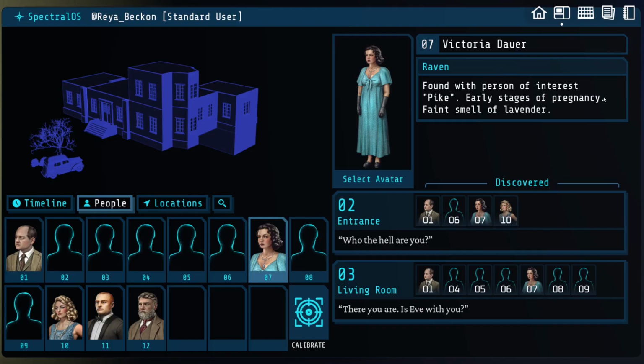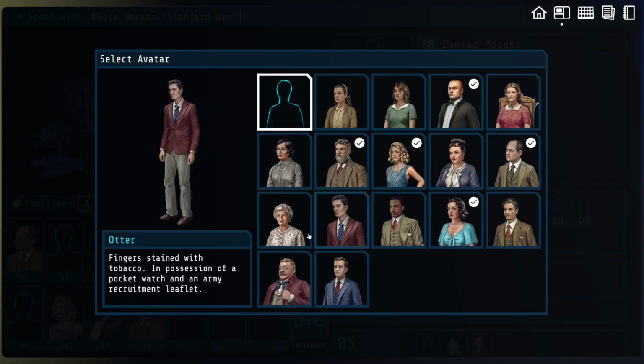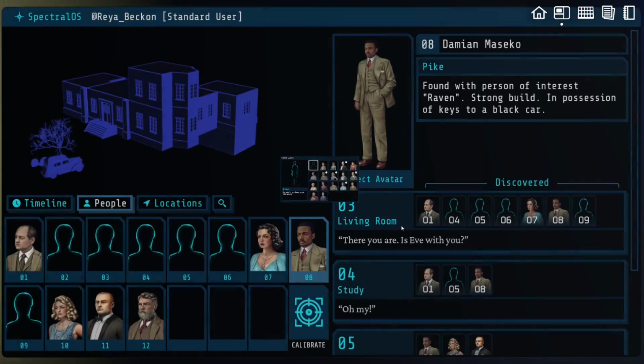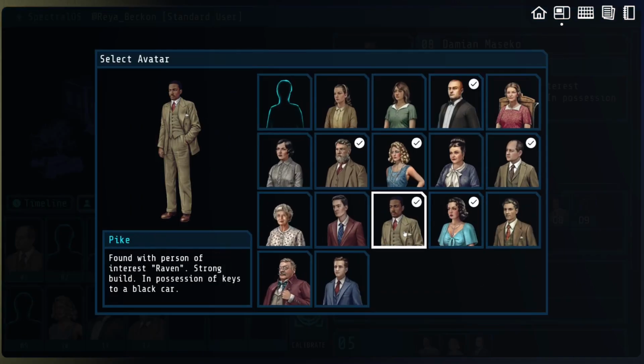Early stages of pregnancy. Think smell of lavender. Very important stuff, yes. And the other one is Damien. And he can beat this guy. Strong-willed, as I said, he's the strong man in possession of keys to a black car.